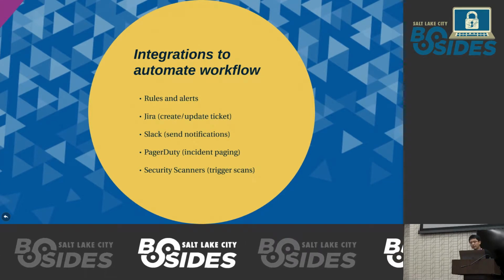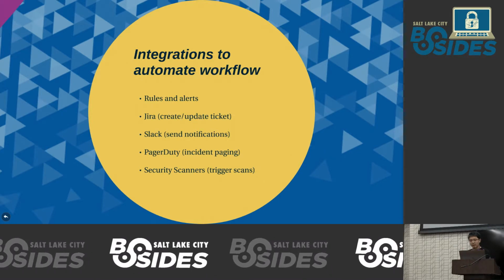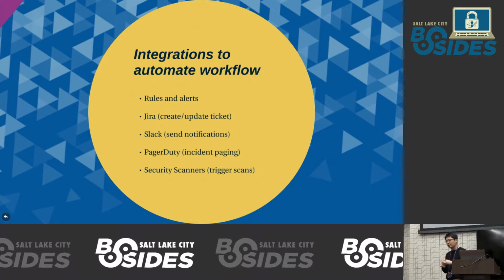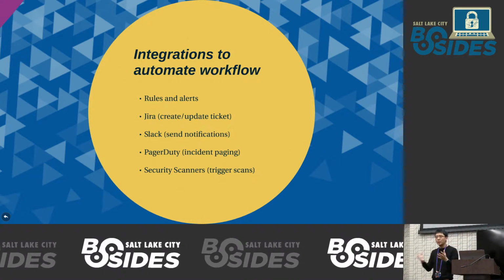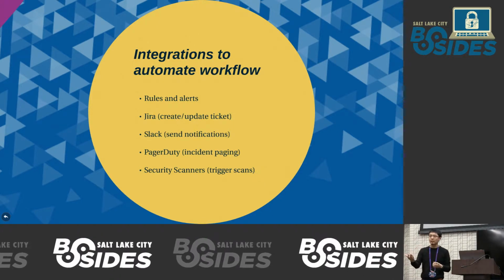The last thing is the integration with workflow and automating the workflow. So what can be done here will be a set of rules, alerts. Now, there needs to be an engine that supports rules and alerting.